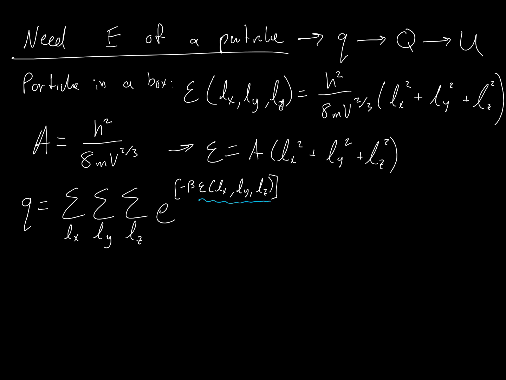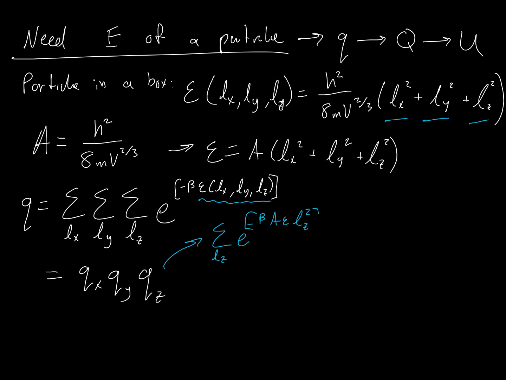But we can simplify this. There's a lot of ways that we can simplify this. One, Lx, Ly, and Lz look pretty symmetric. So we can say that these are independent energy modes. So then we can rewrite our partition function as Qx, Qy, and Qz, where, for example, Qz is equal to the summation over Lz of e to the minus beta A epsilon of Lz squared.